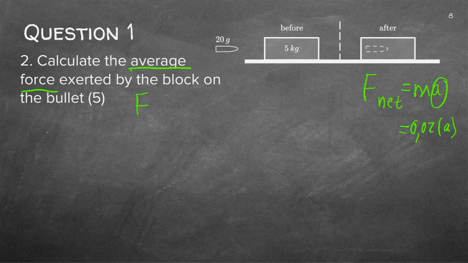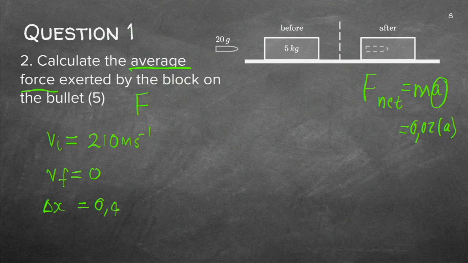The bullet was going into the block with an initial velocity of 210 and it stopped, so the final velocity is now 0. I also know it traveled a distance of 0.4 meters.